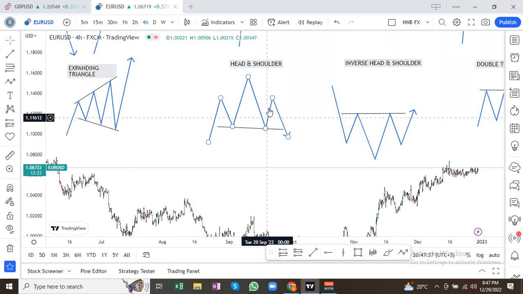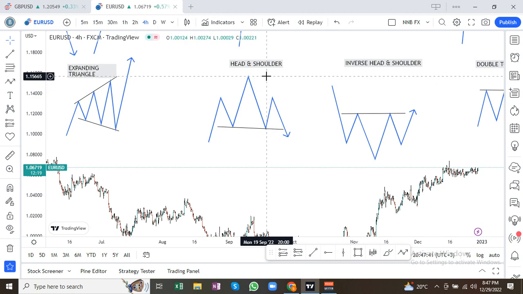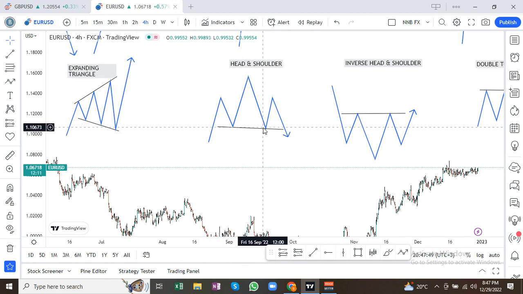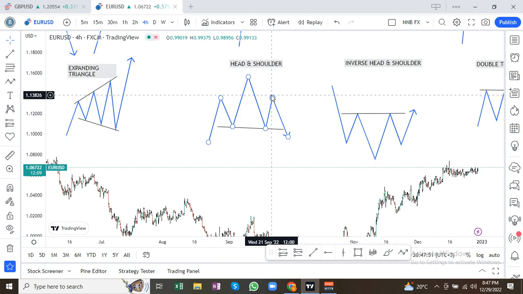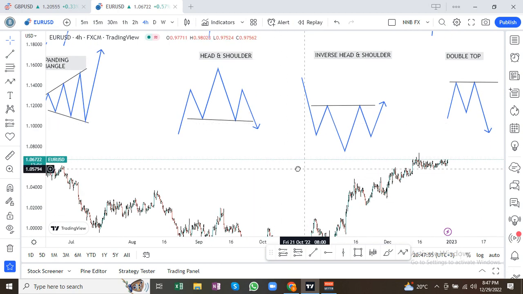And then the right shoulder goes back up to test the double top area, but it won't reach up there. If it reaches, it ceases to be a head and shoulders. After it retests the area, it will go back down and break the neck.